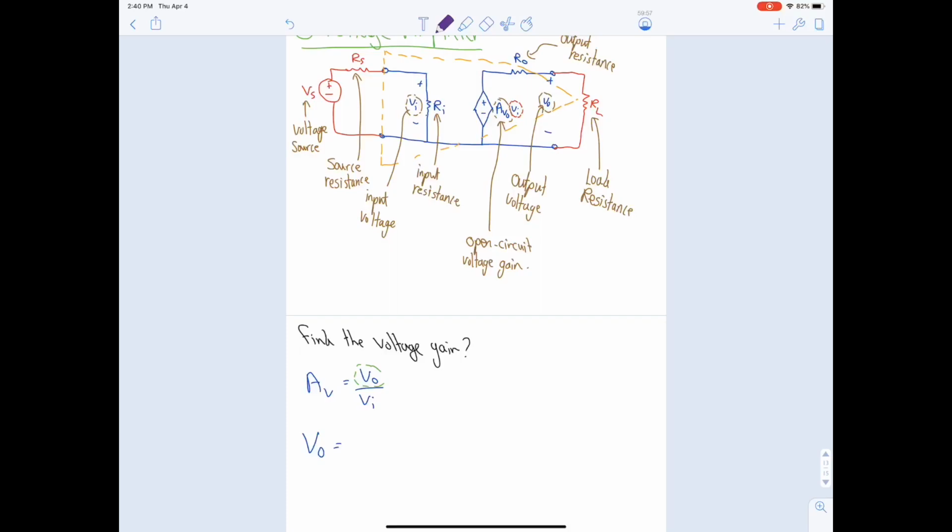We can just do a voltage division, because there's a voltage source in here, and a resistance and another resistance in series. So V output is AV naught multiplied by V input, multiplied by the resistance that I am on, RL, divided by the total resistance, RL plus RO.